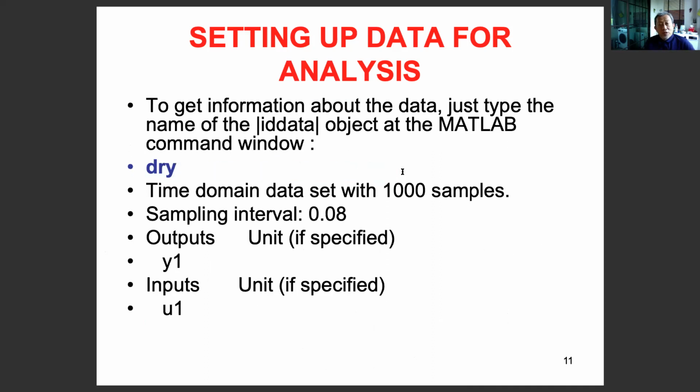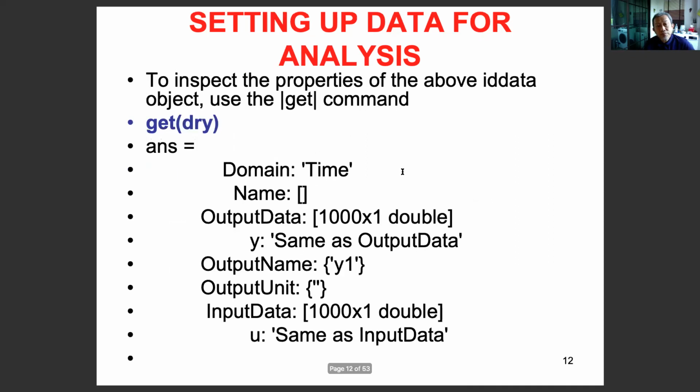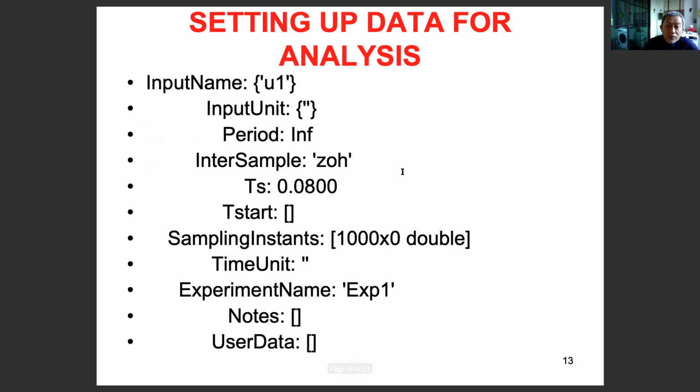To get the information of the data, we just type dry in MATLAB, and it will show you the data of U and Y with sampling interval 0.08. If you use the command get dry, it will show you the data in numerical form, with the units and the sampling time as well.